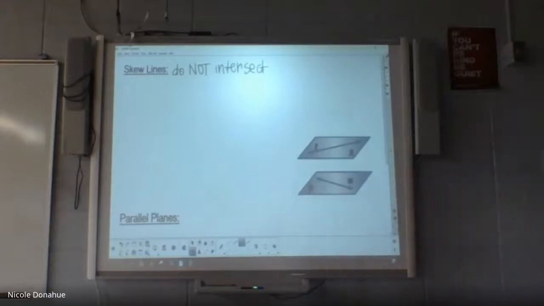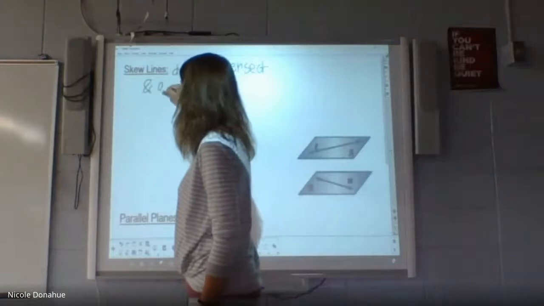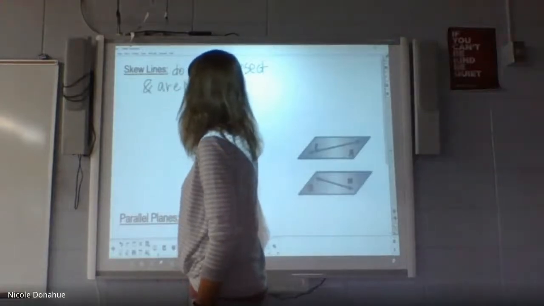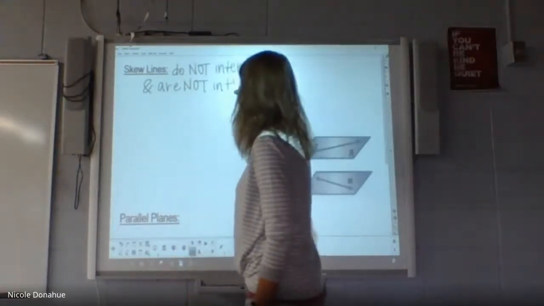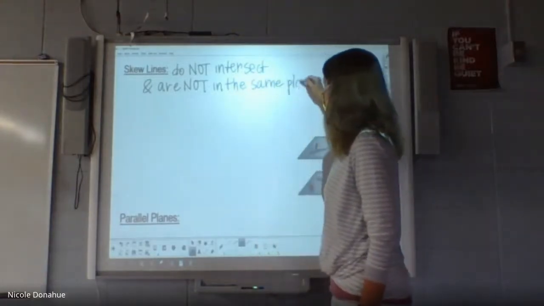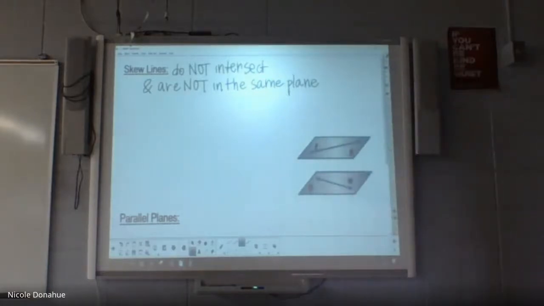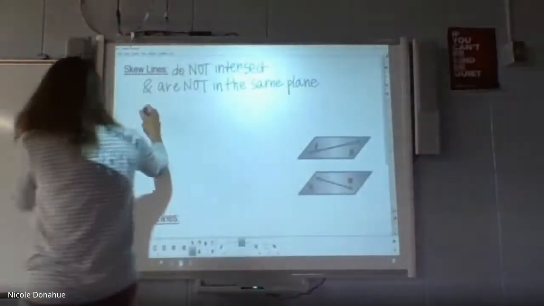So this is kind of hard to visualize. So skew and parallel are not the same thing.